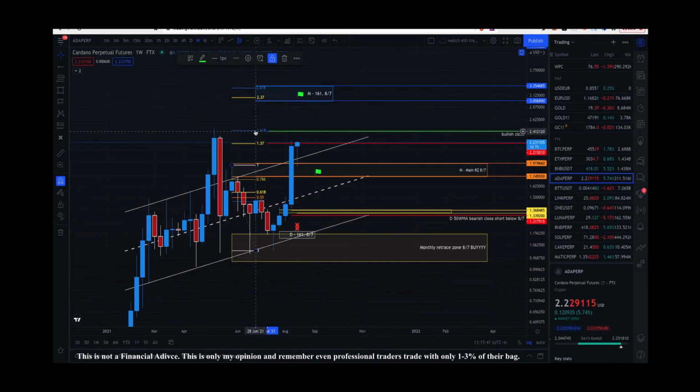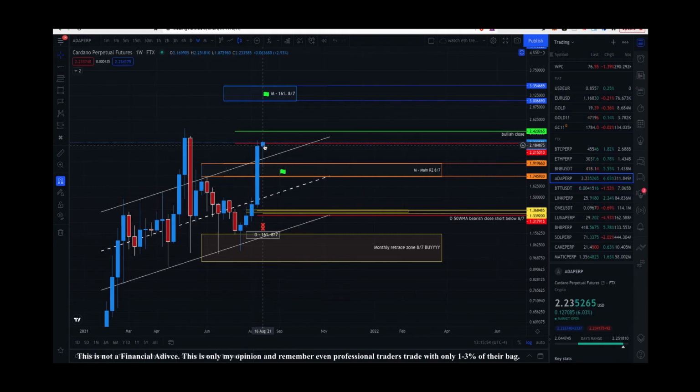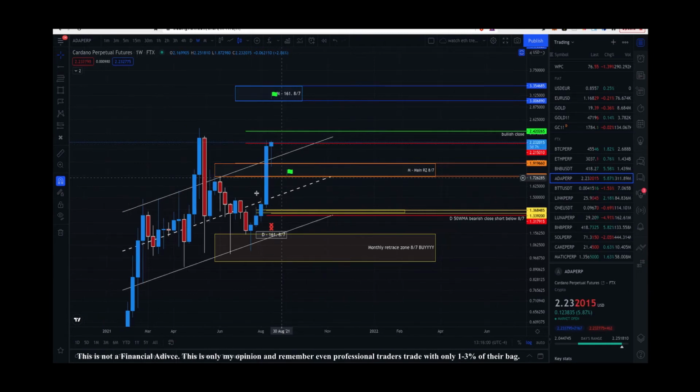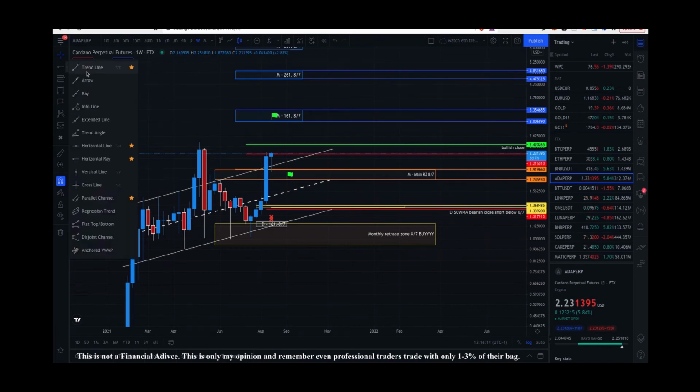So let me get rid of this. Right now we're still at the 1618 resistance level. And we retraced to test the 618 over here, and we're going back up. Now I'm not completely bullish yet on Cardano, and I'll show you in a minute why.